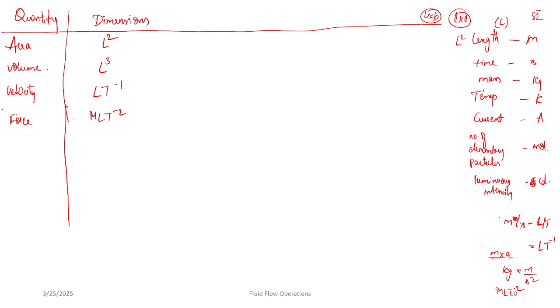And then we have kinematic viscosity, dynamic viscosity, density, surface tension, bulk modulus. All these quantities you can express in terms of dimensional units. So let me just write it down directly.